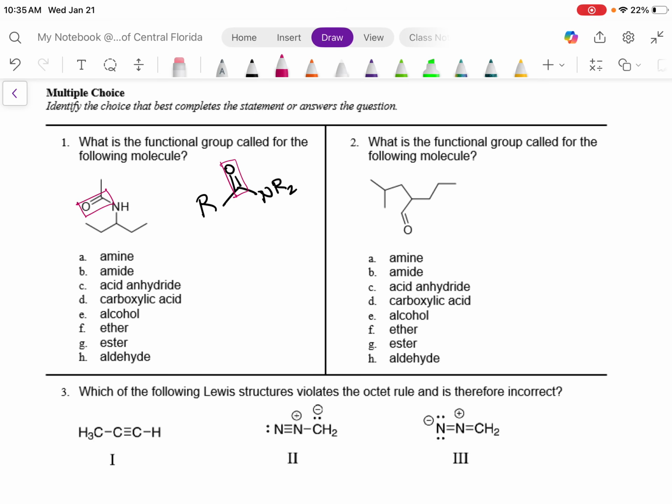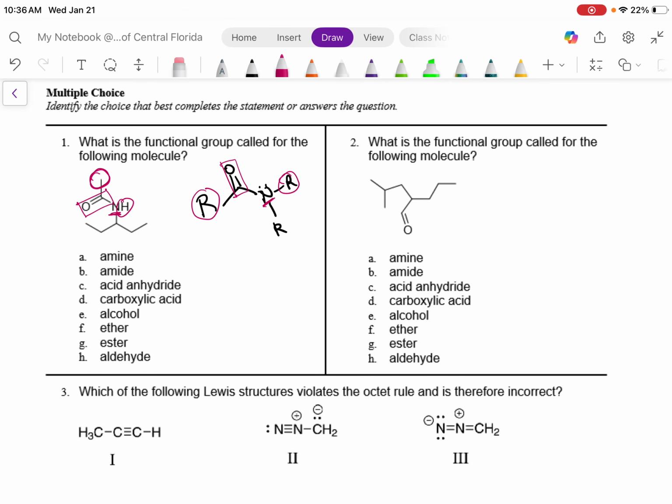So this R would be that methyl group right there. We clearly see the nitrogen, there's the nitrogen. And if we expand out these R groups like this, we could say that this R is this hydrogen.